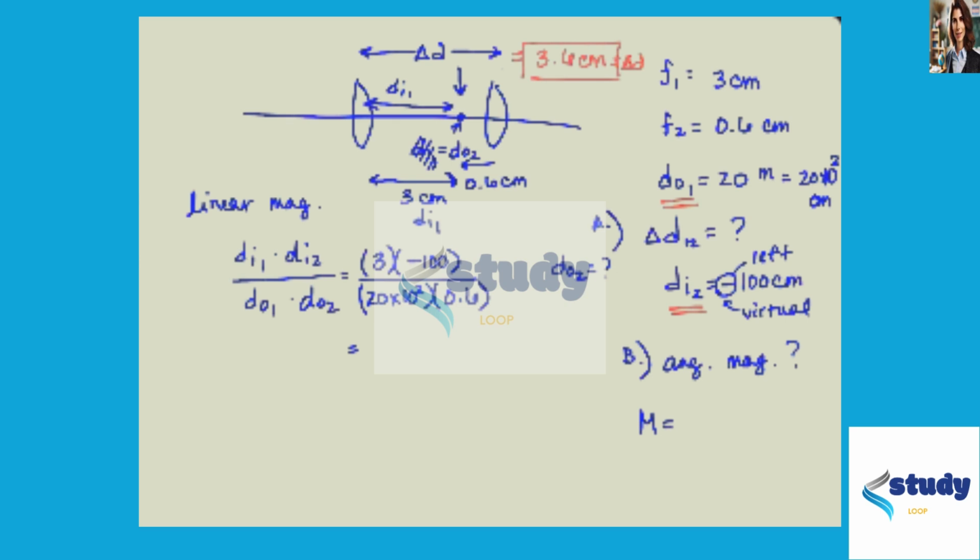This gets you a magnification of negative 0.25.